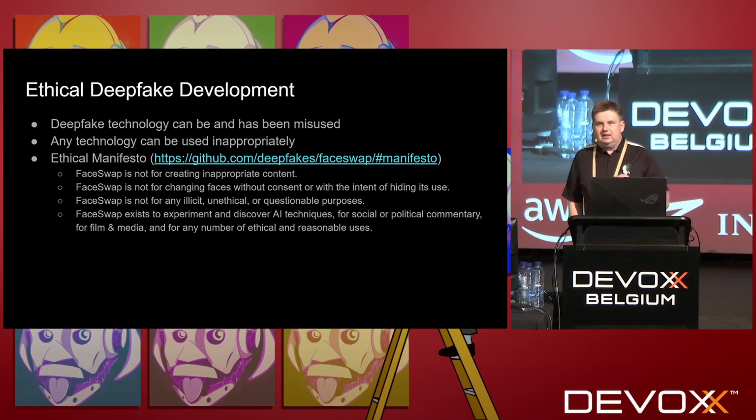But what we can do is encourage proper use, and toward that end, we have a manifesto for our software. So we say Faceswap is not for creating inappropriate content. It's not for changing faces without consent or with the intent of hiding its use. Faceswap is not for any illicit, unethical, or questionable purpose. And Faceswap exists to experiment, discover new AI techniques, for social or political commentary, for film and media, and any number of other ethical or reasonable uses.